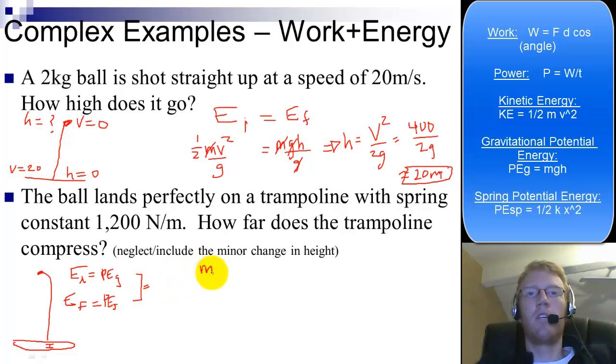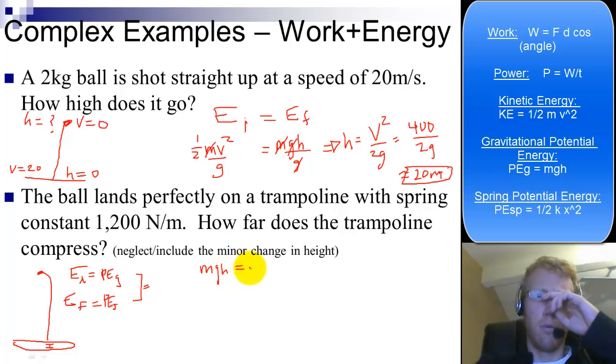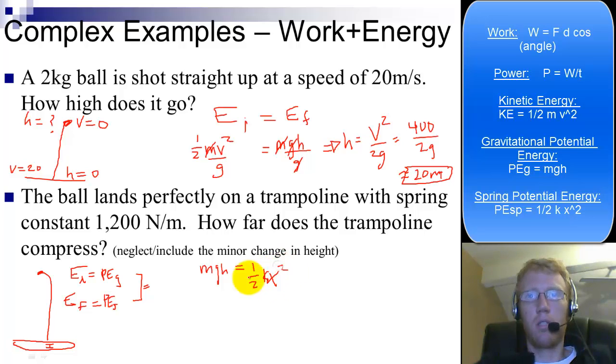So potential energy of gravity, mgh, equals 1/2 kx squared. So how much energy did it have at the beginning? mgh we know. Oh, we don't know the mass. That's curious. Oh, we do. 2 kilograms.